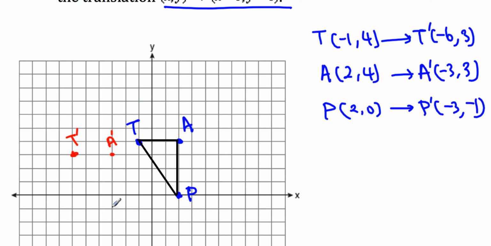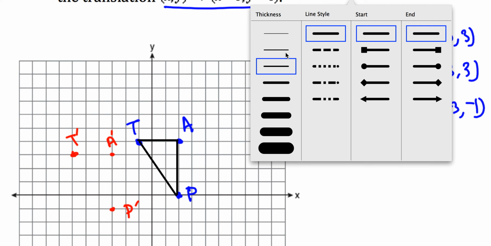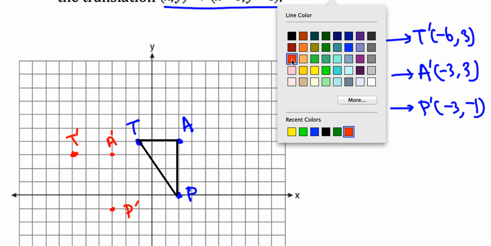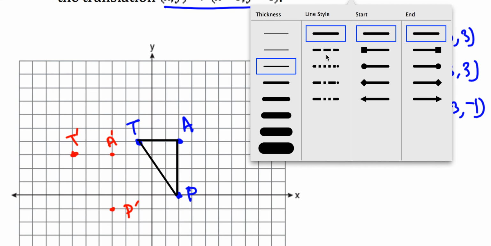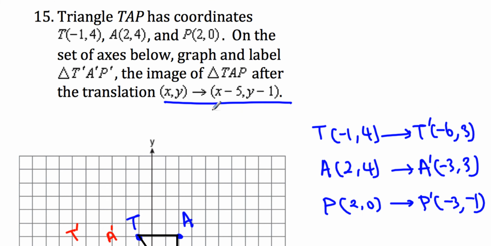And negative 3, negative 1. So the red one is our new triangle based upon the translation.